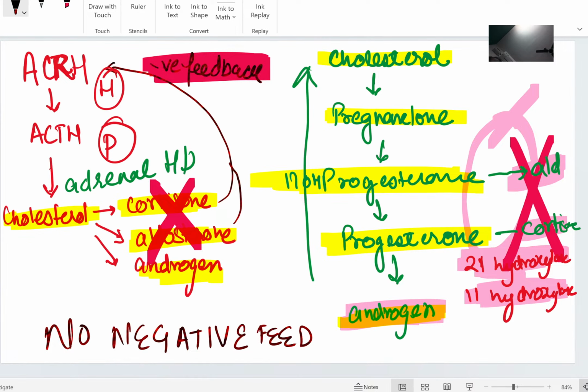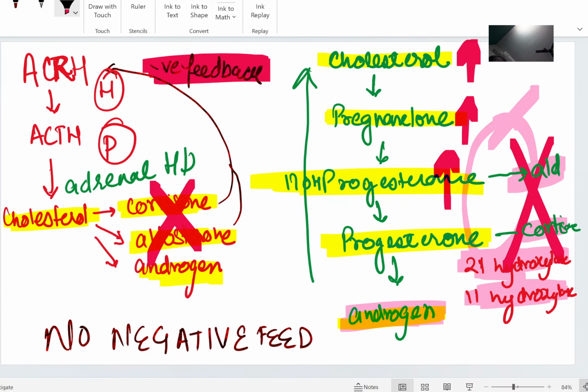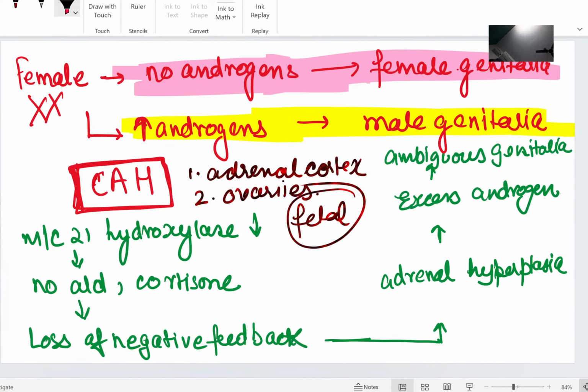So cholesterol increases, pregnenolone increases, 17-hydroxyprogesterone increases, progesterone increases, and androgen increases. If androgen will increase, then what will happen?